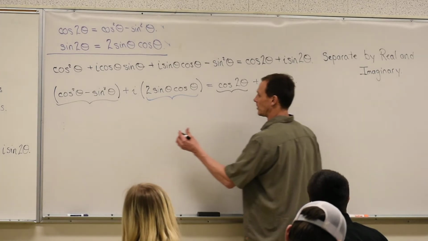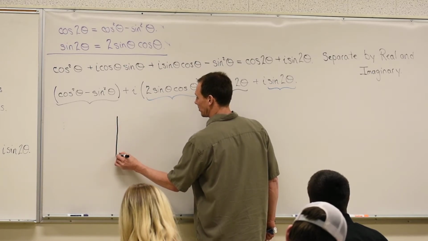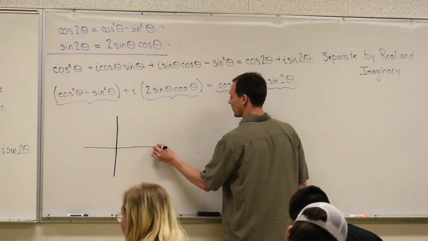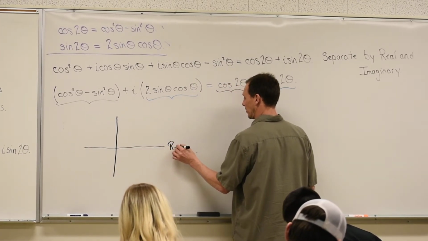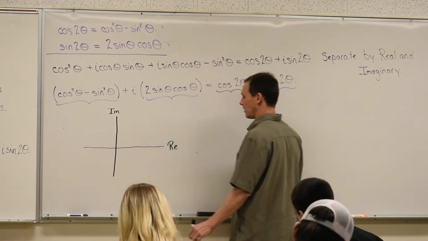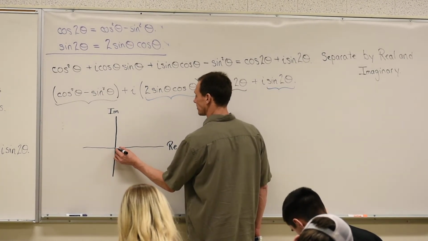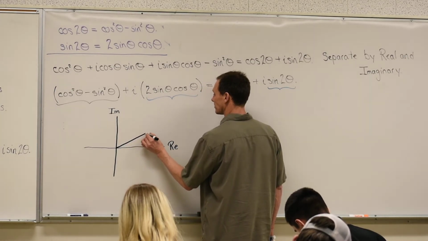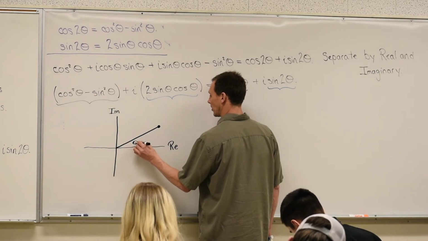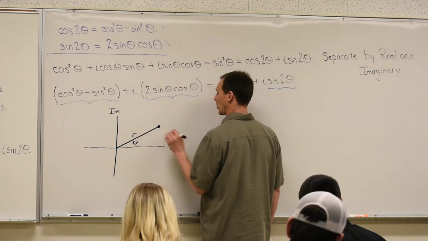So let's draw these. If you have your complex picture, here's my real axis and an imaginary axis. If I wanted to graph S, a little s, it's a point here. It has an angle of theta. It has a modulus of length r.